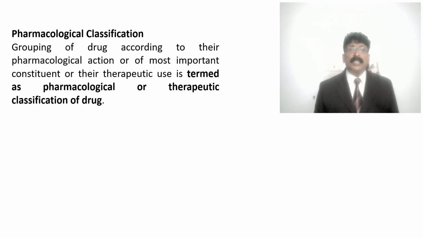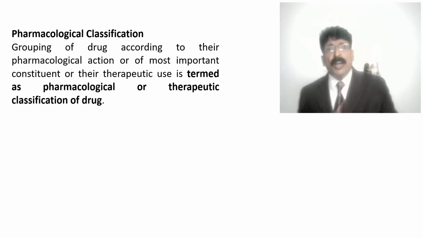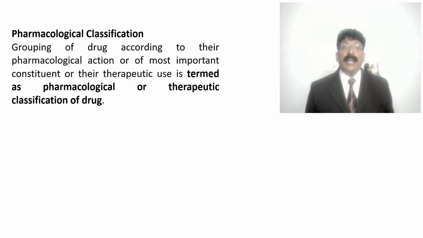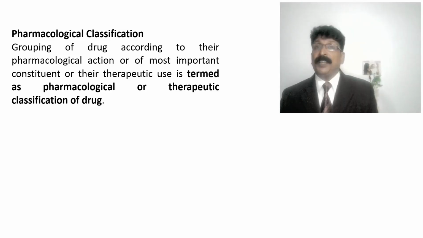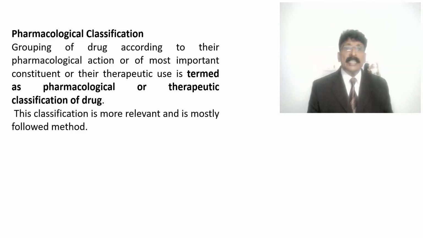Now coming to pharmacological classification: grouping of drugs according to their pharmacological action or most important constituents or their therapeutic use, termed pharmacological or therapeutical classification of drugs. This classification is more relevant and is the mostly followed method.